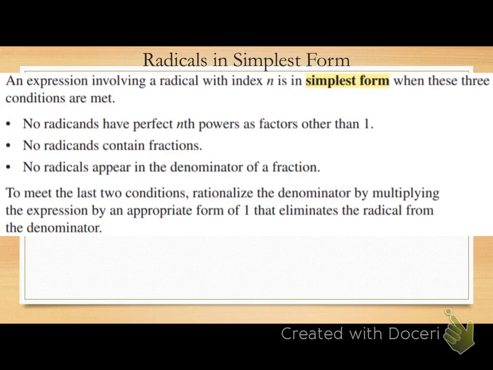We've already talked about that before; we've gotten rid of radicals in the denominator of fractions before, correct? You don't want a radical in the denominator of your fraction. Can my answer be a fraction? Sure. I just don't want a radical in the denominator, and I don't want a fraction under a radical.